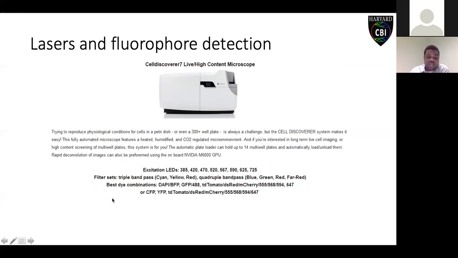And here, for me, this is the section I find very useful. The reason is that it tells you what LEDs are available, and based on the fluorophore that you have in your sample, you'll be able to tell which one would be ideal to use.